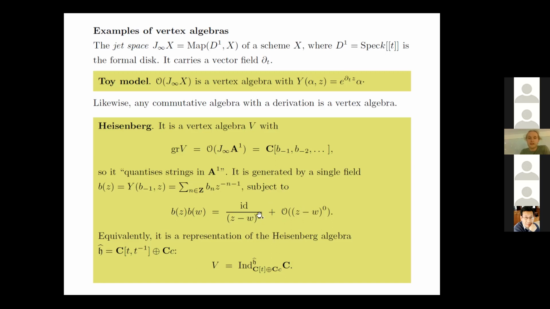If you apply an element of this vector space to both sides, this gives you an element in V, formal power series in z inverse and w inverse. So this actually uniquely defines a vertex algebra structure on this vector space.